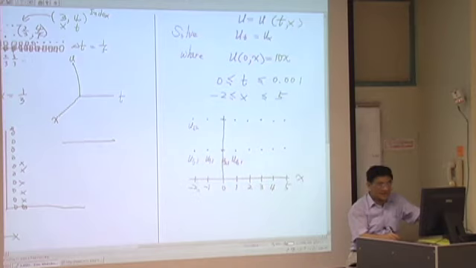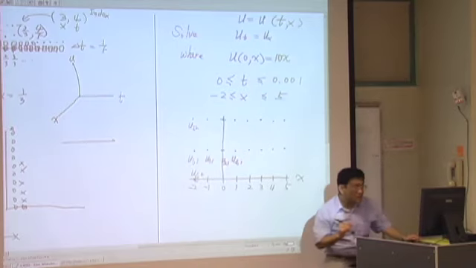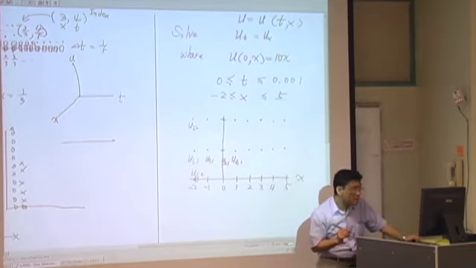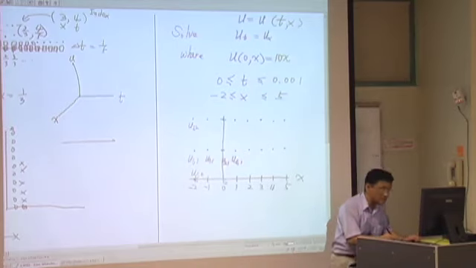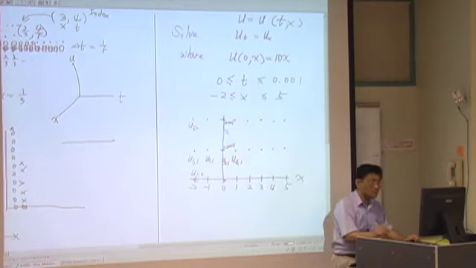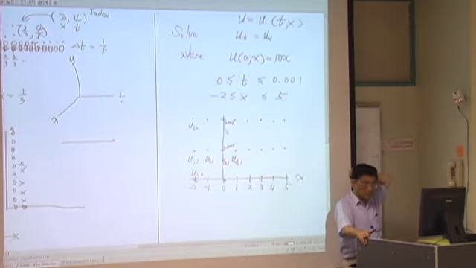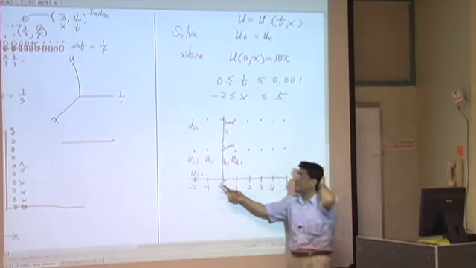For convenience, I call this intentionally, I call this what? The t-axis is 0, and then 0.0005, and then 0.001. But it is known, right?